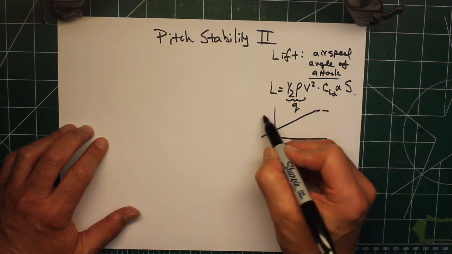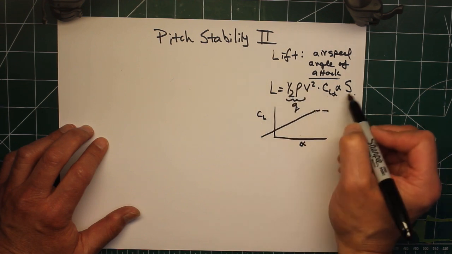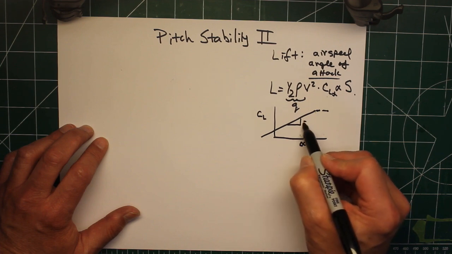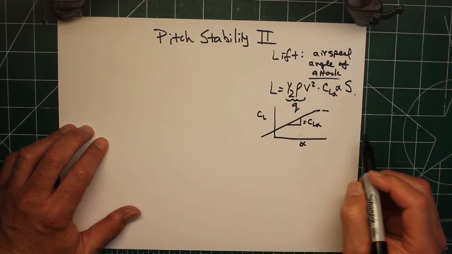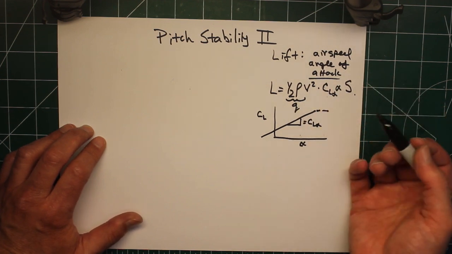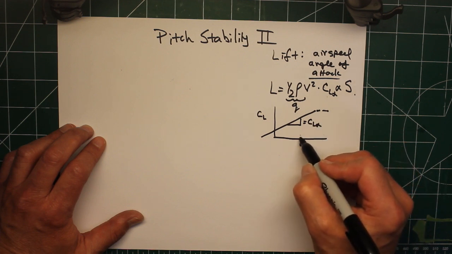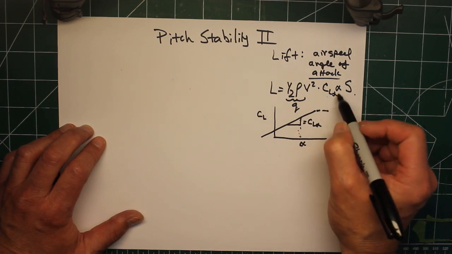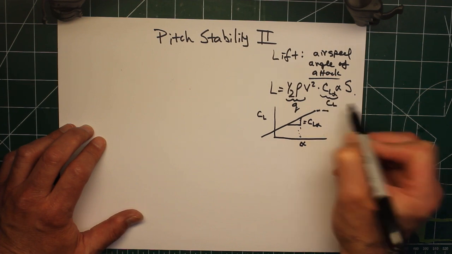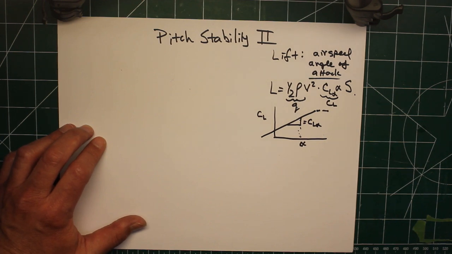The slope of this line, CL, is what's left over after all these things are held the same. It's the CL alpha that we're looking for. It's just a number, just like any other slope, and it depends on the airfoil. If we pick an angle of attack, we multiply it times the CL alpha, we get the CL, and then we multiply it times all these things, and we get the actual lift.